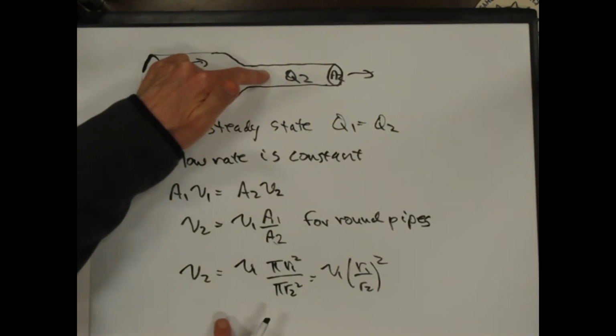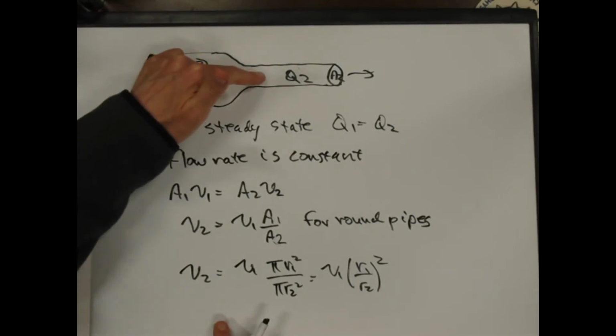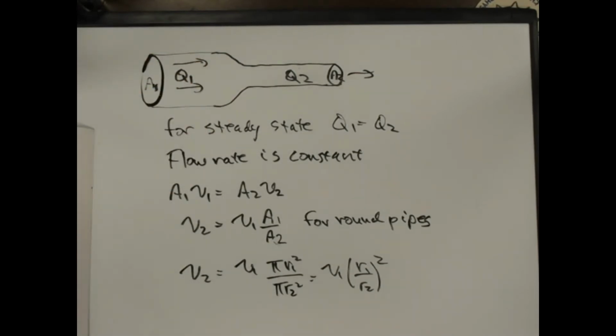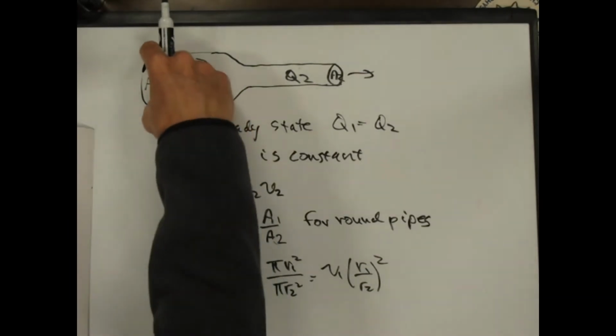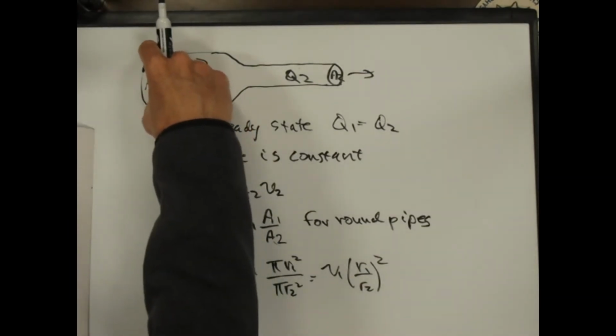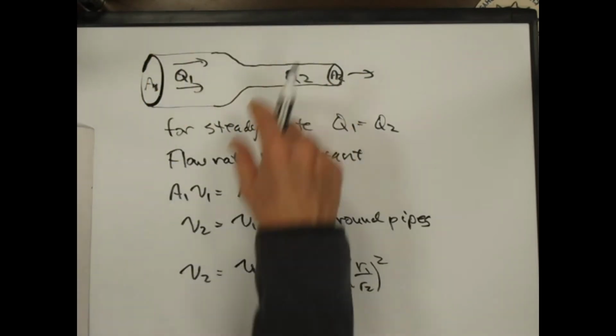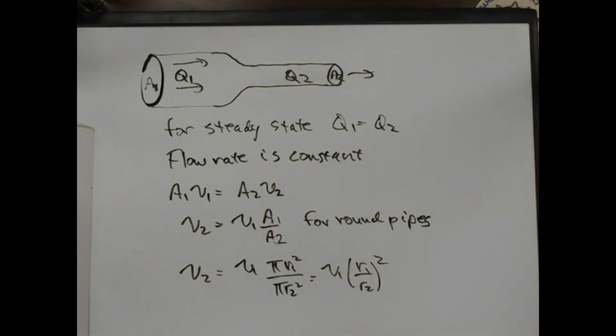Twice the diameter means 4 times greater. 3 times the diameter means 9 times greater. It doesn't matter if I'm talking diameter or radius, the ratios are the same. And so you can see that a wider pipe gives you a smaller velocity, and a narrower pipe gives you a much larger velocity.